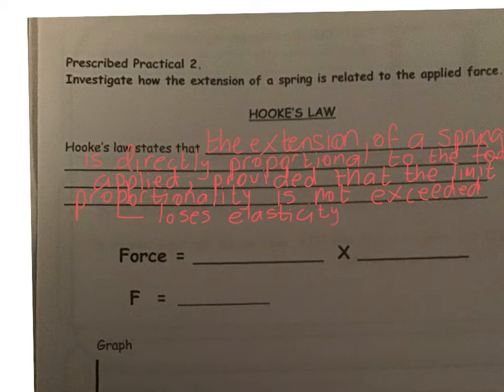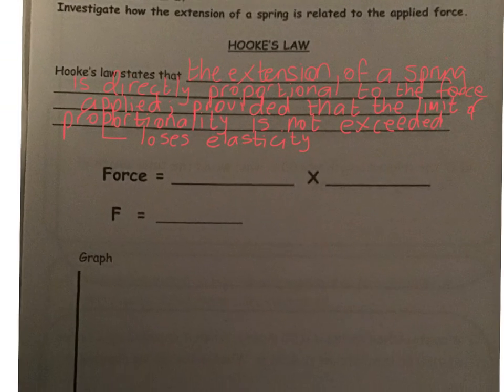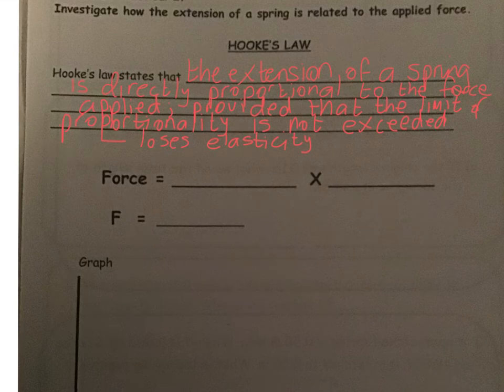If we need to calculate anything, we need to know the formula. Our formula for this, and remember we're still looking at forces, is that the force equals the spring constant multiplied by its extension. Don't worry too much about this spring constant because it will become clear as we go on with the practical.